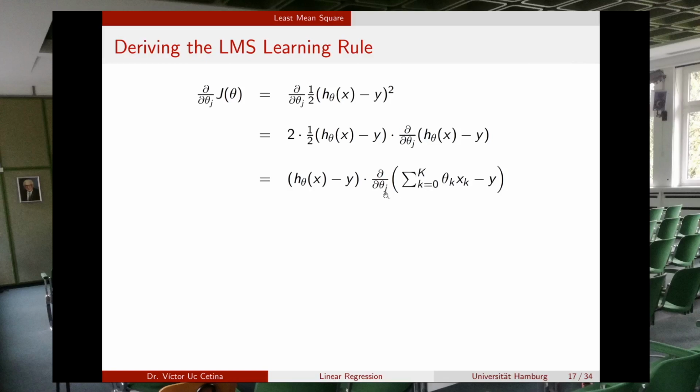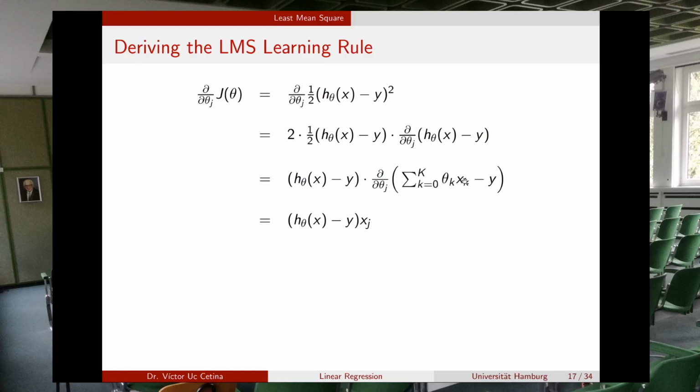And in the next step we see that this can be simplified as this, because when we compute the derivative with respect to theta j, first of all we notice that this term here does not contain theta j, so it becomes 0. It's like computing the derivative of a number, a scalar.